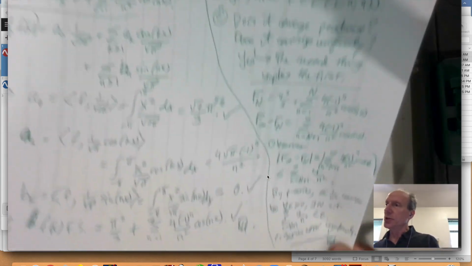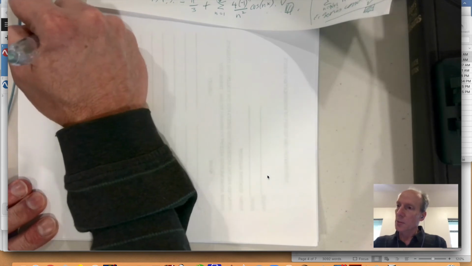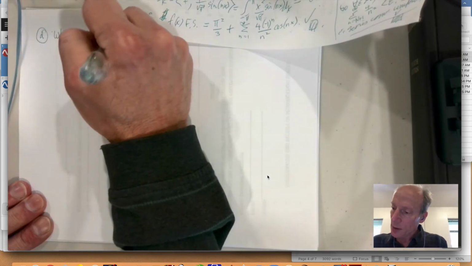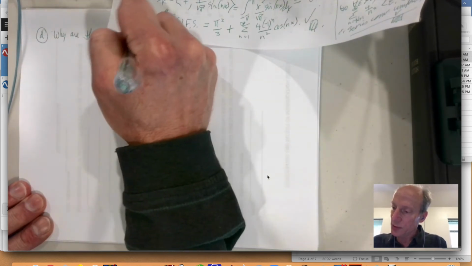And then question D of that question is: why are the sine nx coefficients all 0?